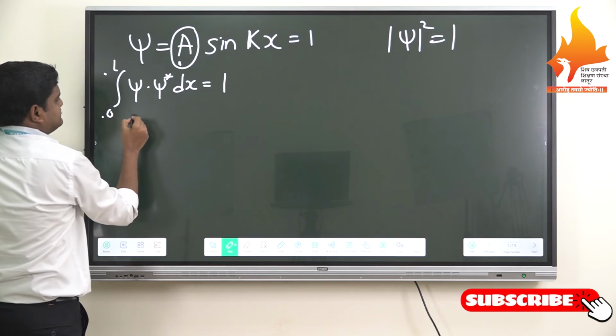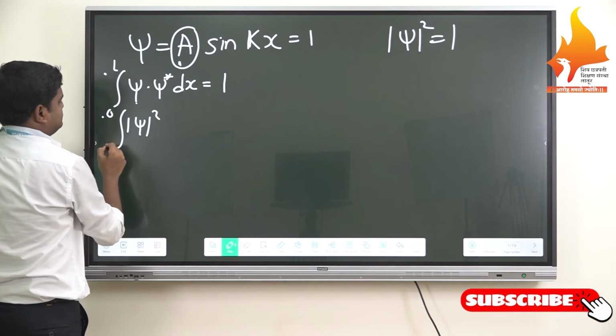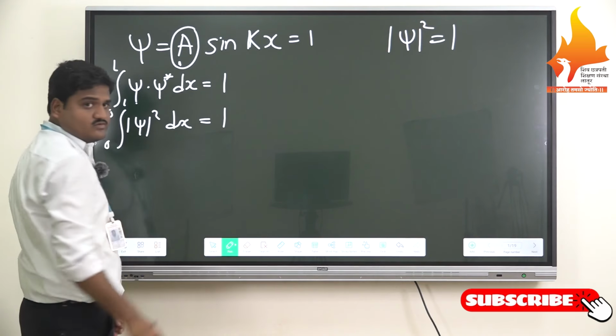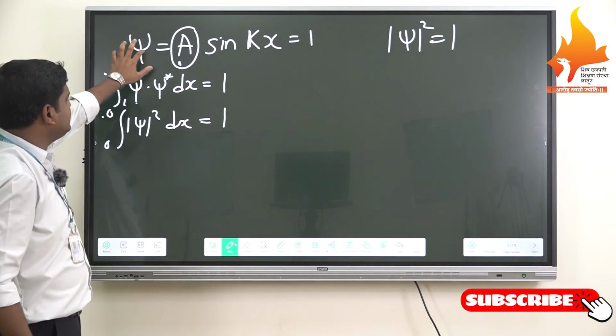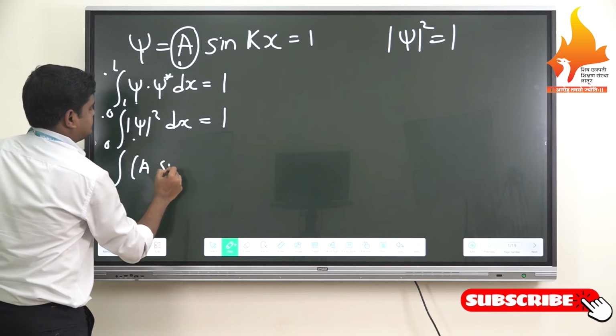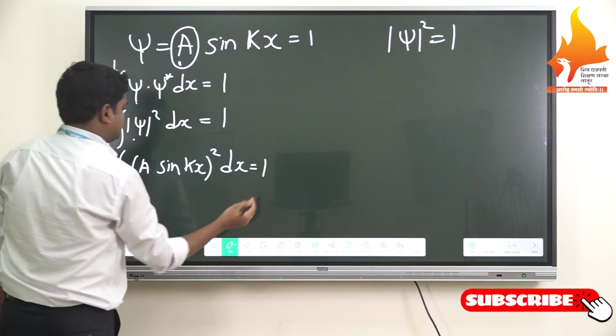Here psi into psi conjugate gives mod of psi square, that is 0 to L into dx is equal to 1. Now we put in this value, that is a into sine of kx squared into dx is equal to 1.